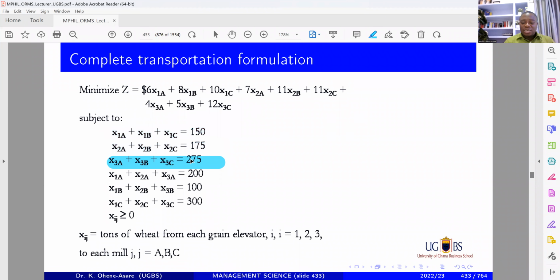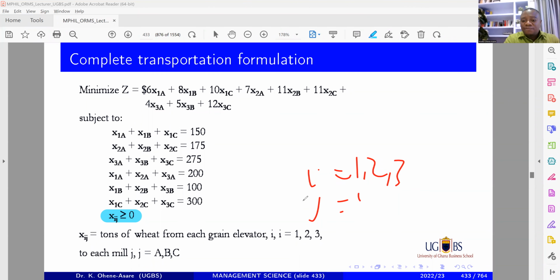And don't forget your non-negativity constraint. You can see that Xij is greater than or equal to 0. And your decision variables must be well defined. I, J. What is I? What is J? So in our case here, if you are defining, the I is going to be 1, 2, and 3.